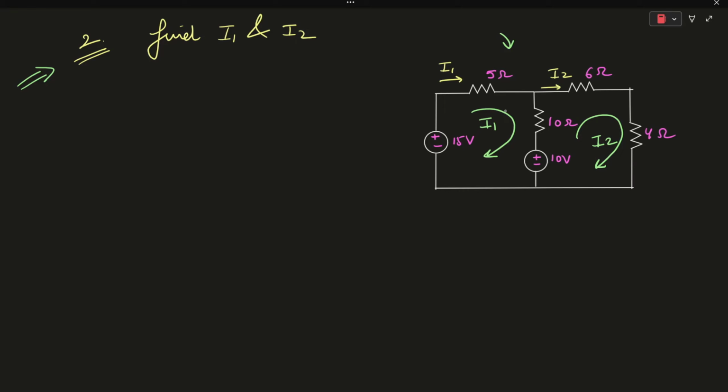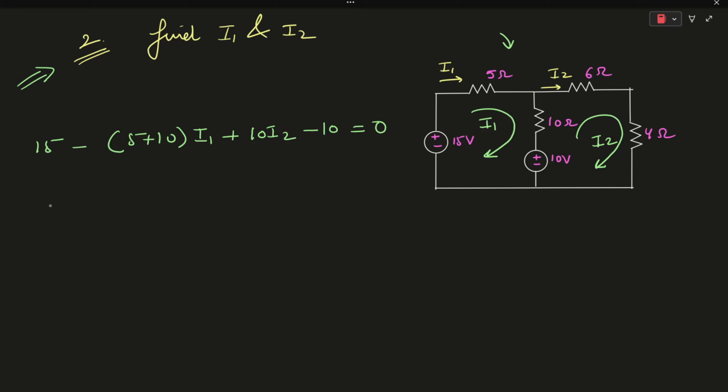On applying KVL, we can see that 15 minus 5 plus 10 I1 plus 10 I2 minus 10 will be equal to 0.